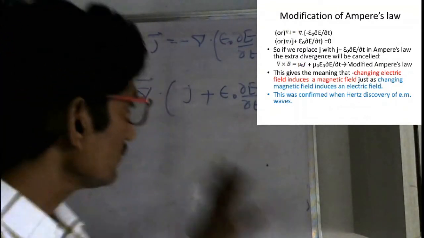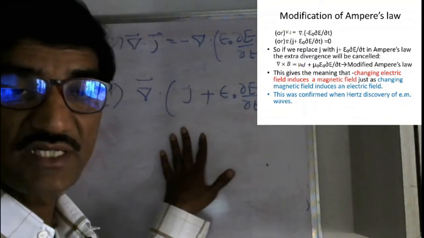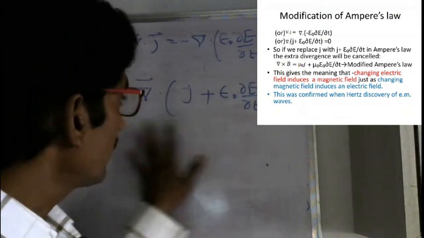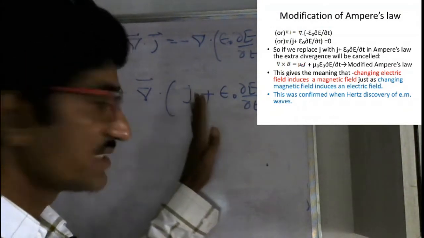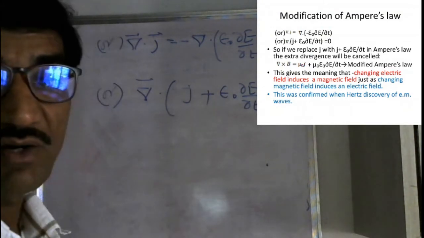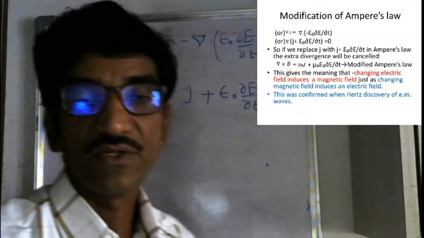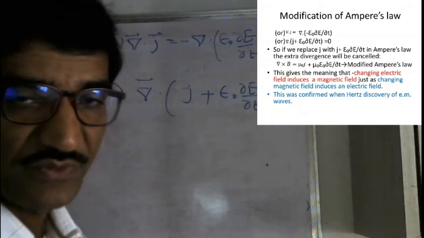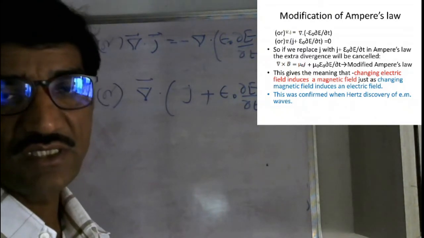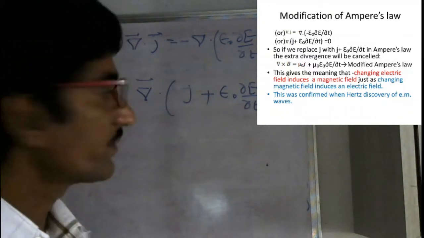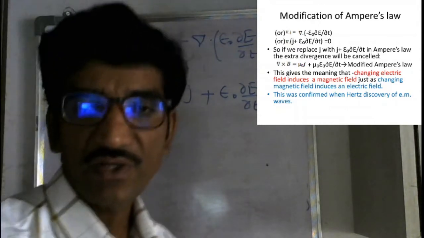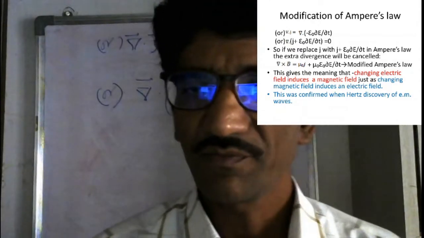See, what the continuity equation is saying is not del dot J, but del dot J plus epsilon naught dou E by dou t is equal to 0.